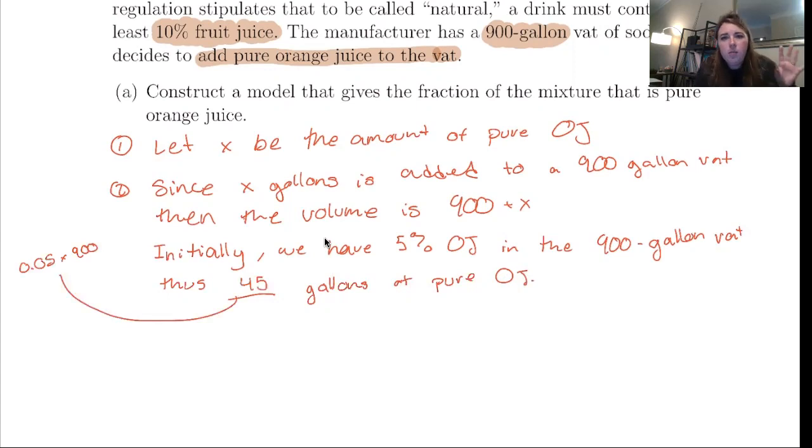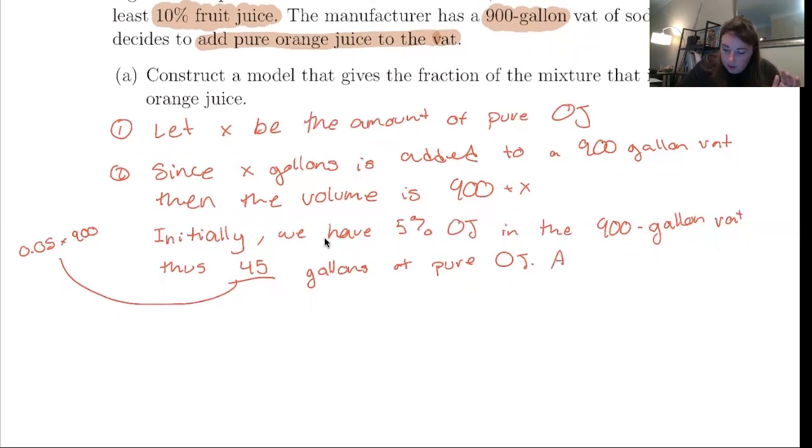So it's a percent here instead of, like we talked about earlier, grams over liters, because both things we're adding have the same units, they're gallons. Out of that 900 gallons, I have 45 of them that are pure juice. I don't even know what's in the rest of them. I don't care.